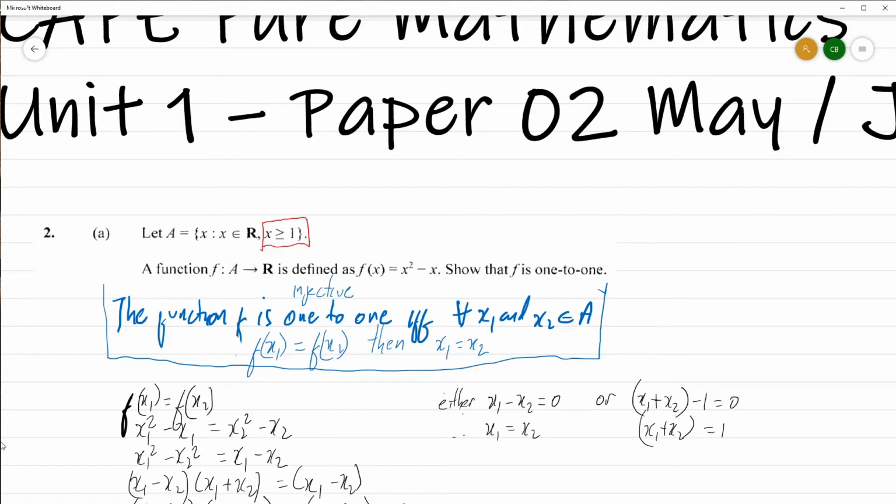So we have to figure out if this violates this condition that x must be greater than or equal to 1. So let's start off by saying, we have x1 plus x2 is 1, so therefore x1, sorry, let me just erase that.